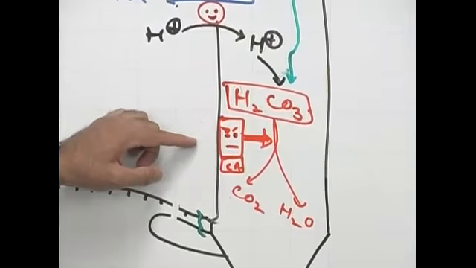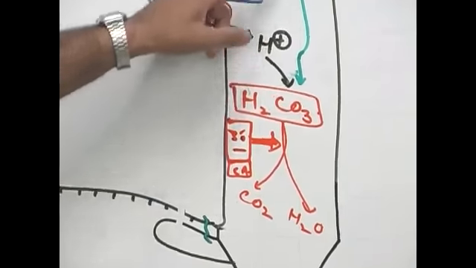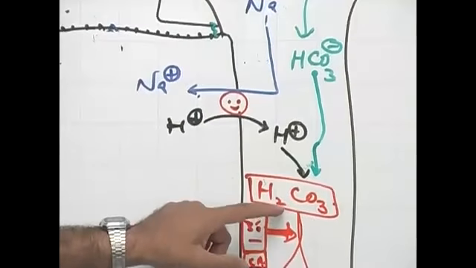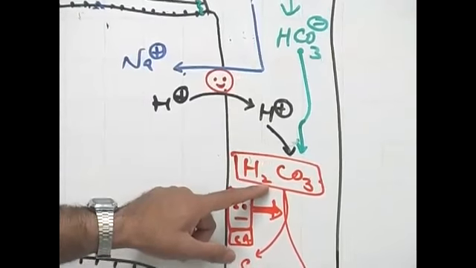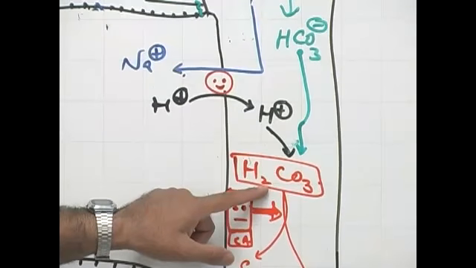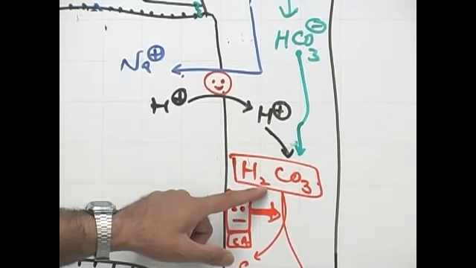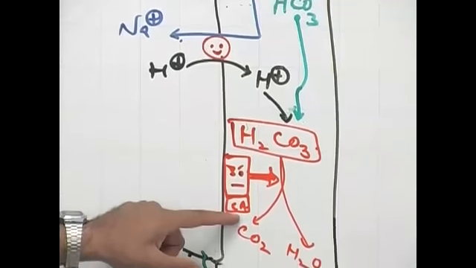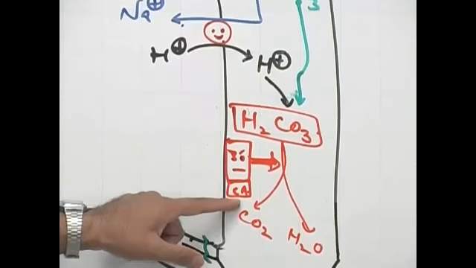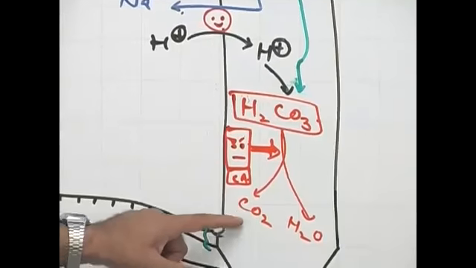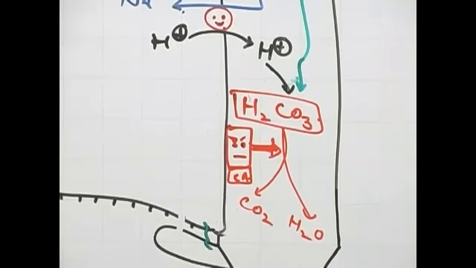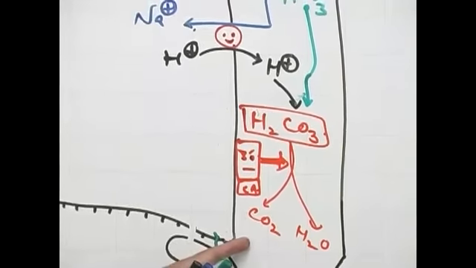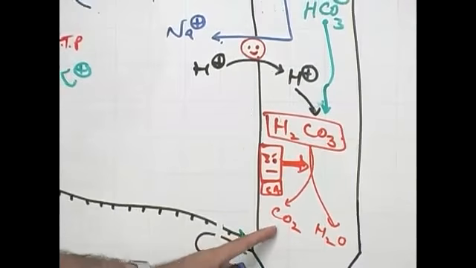So what did we learn after this? That secreted protons and filtered bicarb react with each other in the luminal fluid and make carbonic acid, and then luminal carbonic anhydrase helps it break down into carbon dioxide and water. Carbon dioxide concentration progressively becomes higher on the luminal side.